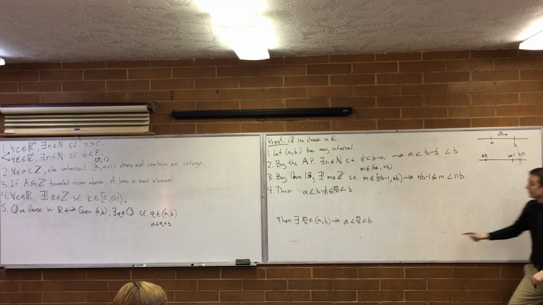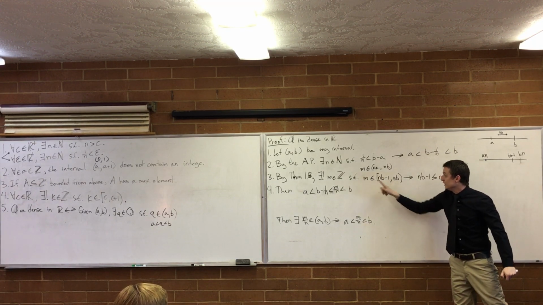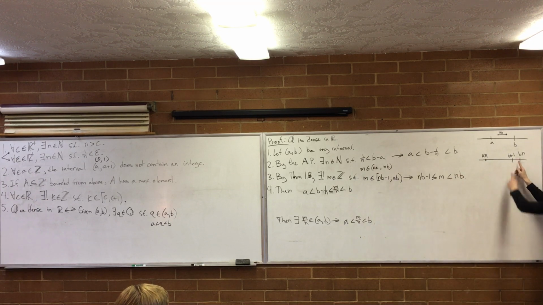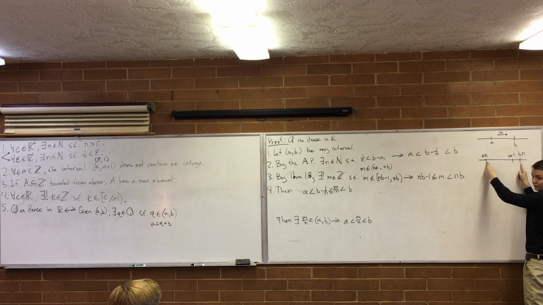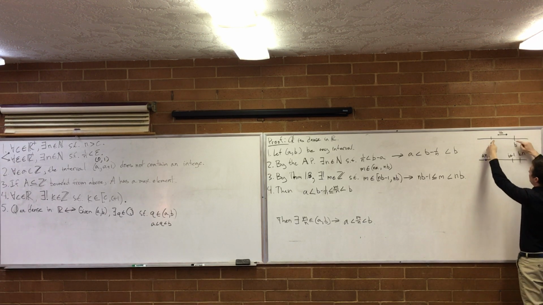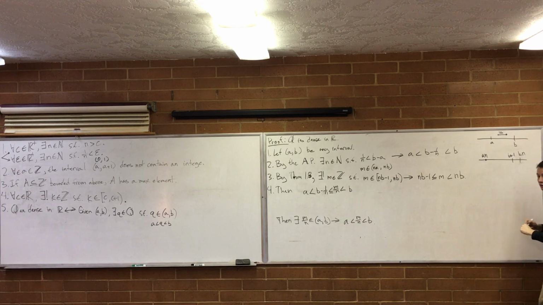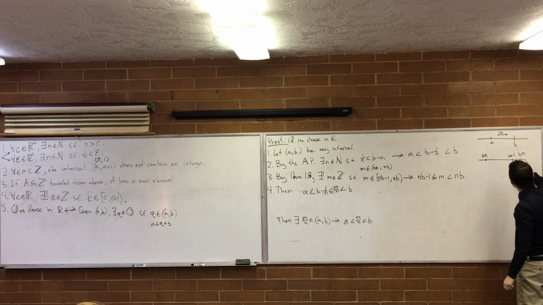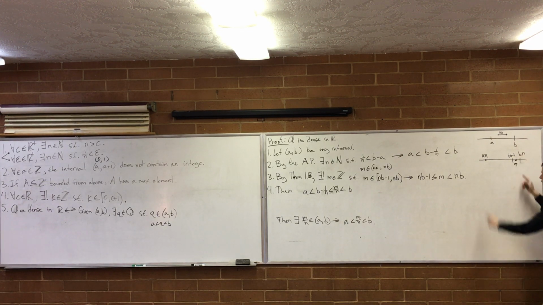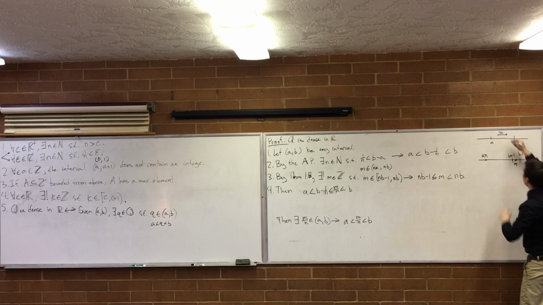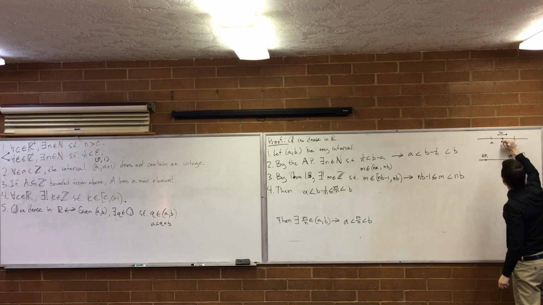Now I'm saying, if I can find an integer in here, that also gives me an integer in here, and once I have an integer in here, divided by n, that gives me a rational in here. So if I can find an m in here, which is also an m in here, then that means m over n is in here.